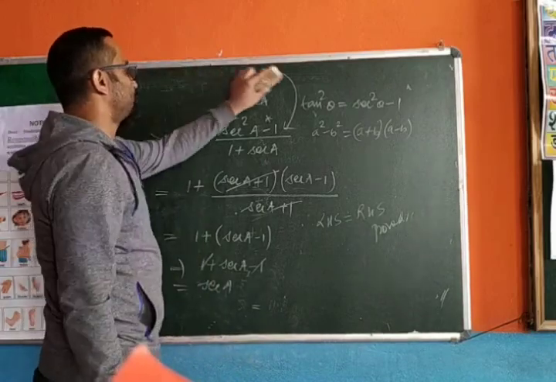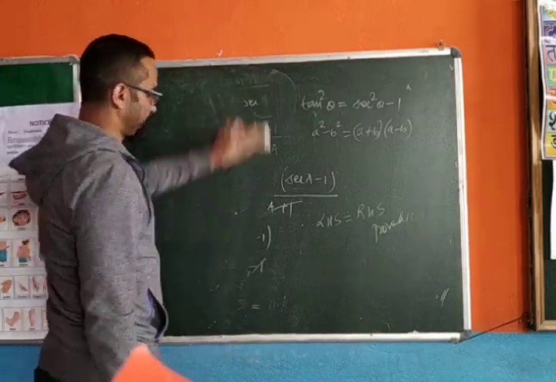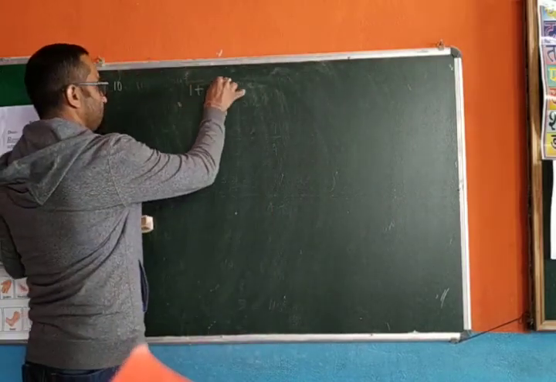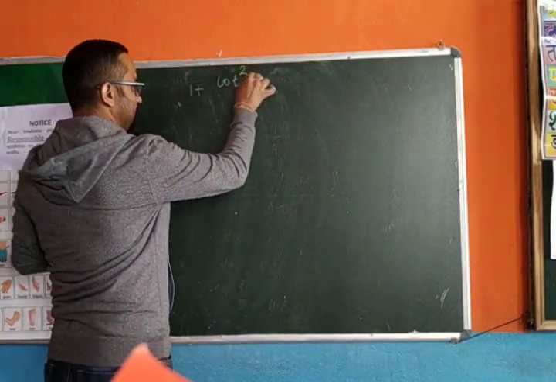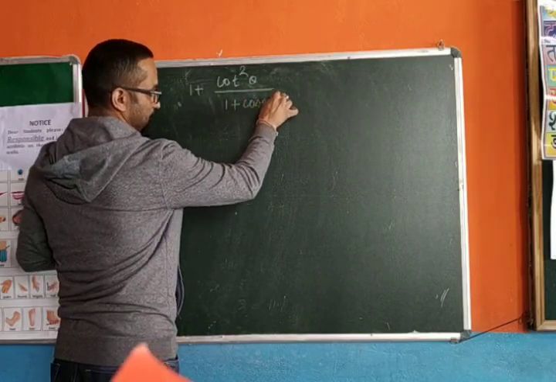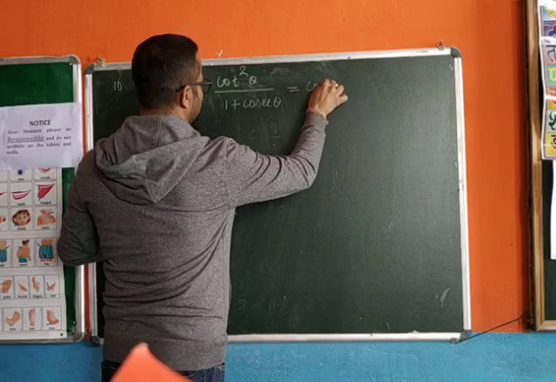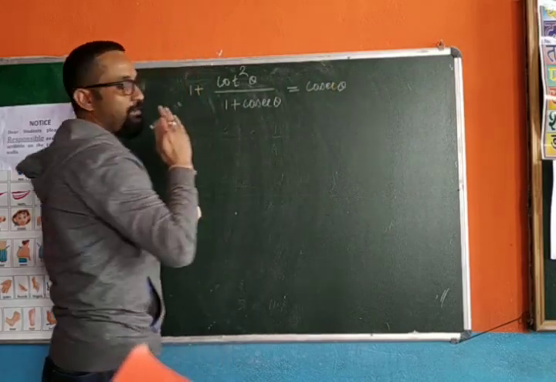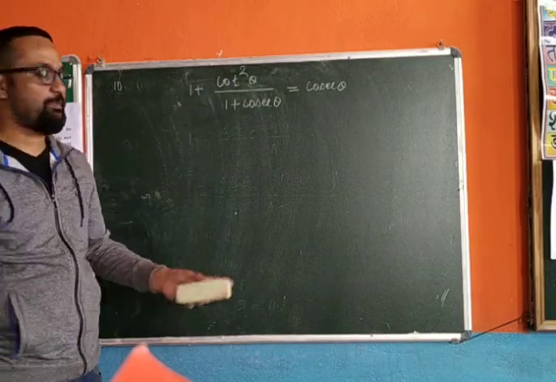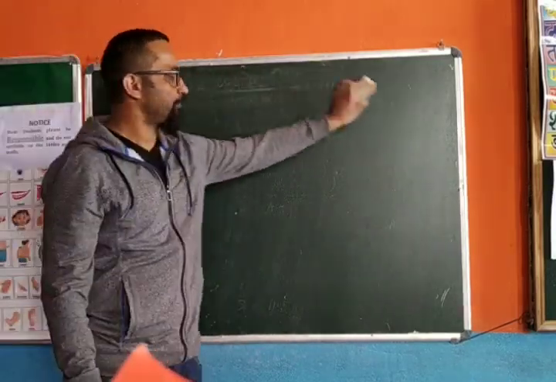I'll give you a similar question, you can do it yourself. 1 plus cot square theta divides by 1 plus cosec theta equal to cosec theta. Use similar steps: identity, change it, algebraic expansion, then simplify it.